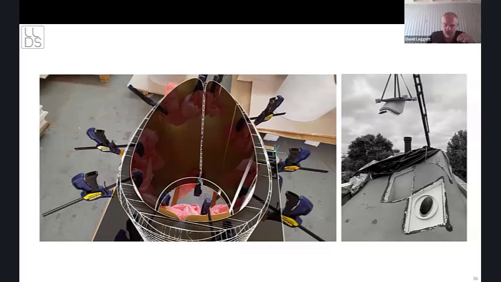For this process, what you see on the left is us using augmented reality. So we're there with a HoloLens on. The model of the skylight is in there together with where the brass sheet is to be positioned. So that helped us locate it in its correct orientation before we screw fixed.